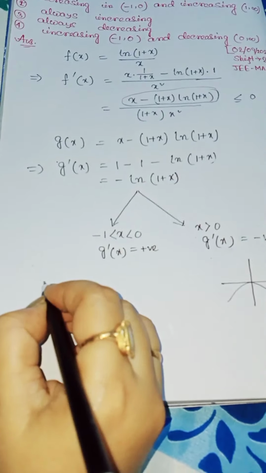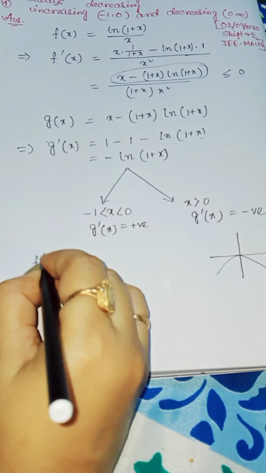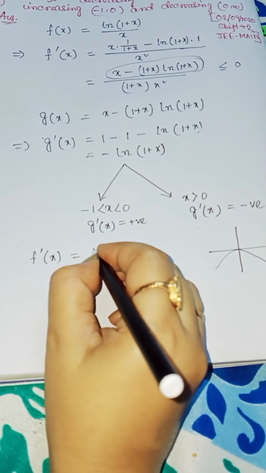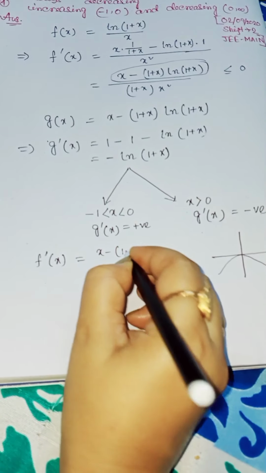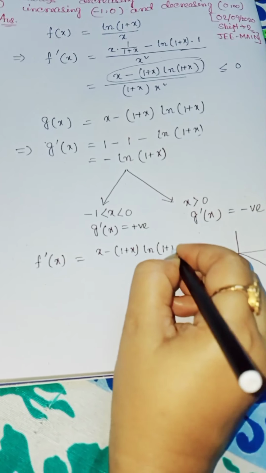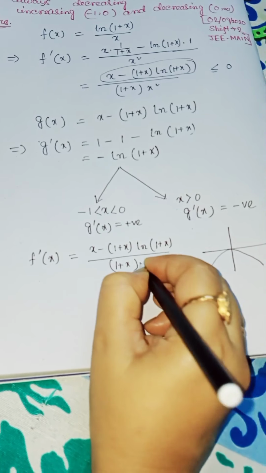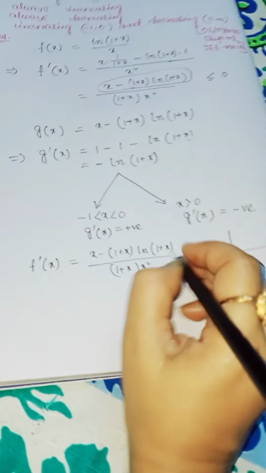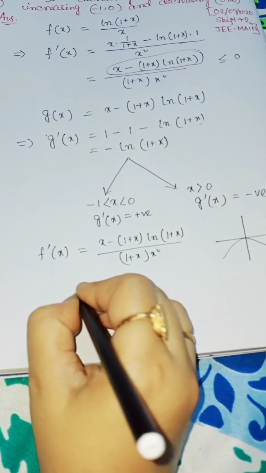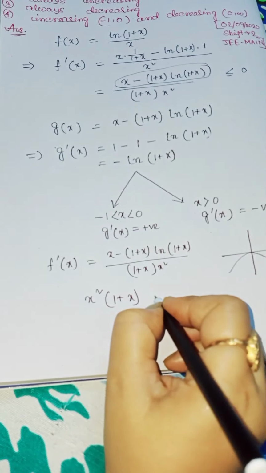So we write f'(x) is equal to, we know, x minus (1 + x) ln(1 + x) divided by (1 + x) into x square. So this denominator is x square into (1 + x). It is always positive, we know.